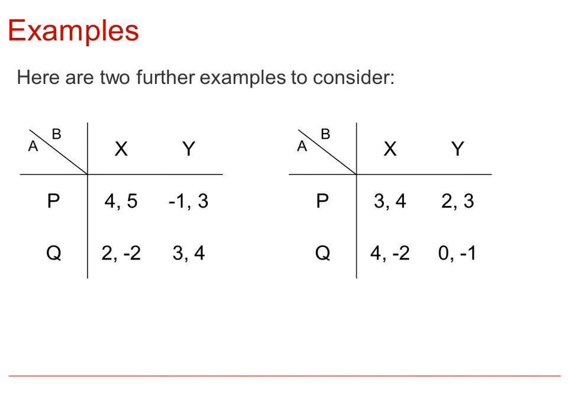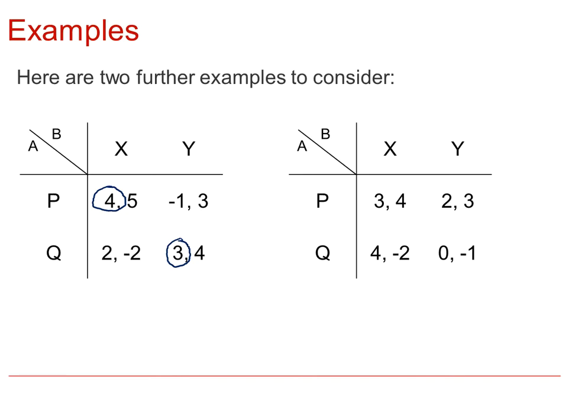Let's consider these further examples. So on the left hand side, again looking at A's choices when B plays X, that would be a 4, and when B plays Y would be the 3 or the Q option.